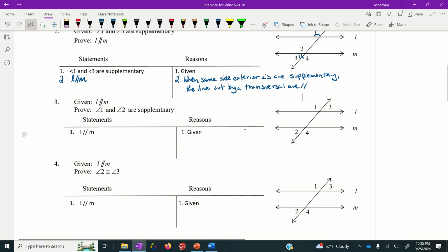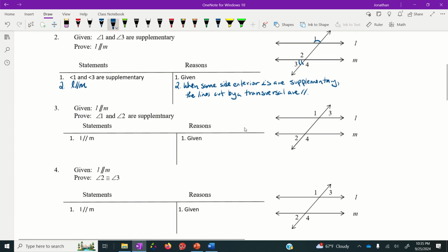All right, for number 3, we're swapping it up here, so we'll switch colors. We are going to be trying to prove that our angle pairs are either equal or supplementary, but we know, and this is something we can put down for ourselves, that these two lines are parallel. We can put those arrowheads on.